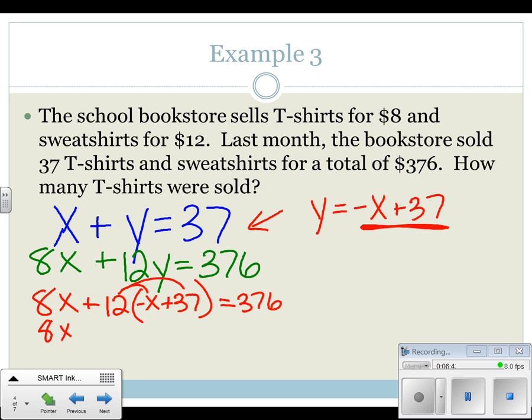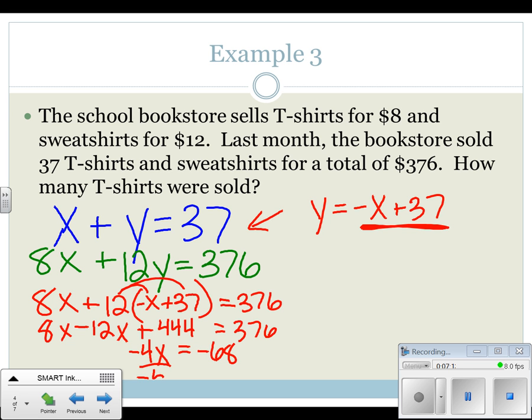I know that I'm going to end up with negative 12x, and then plus 12 times 37, that would be 444, and that's 376. And then we're left with 8x minus 12x, that gives you negative 4x. If we subtract 444 from each side, we're left with negative 68.